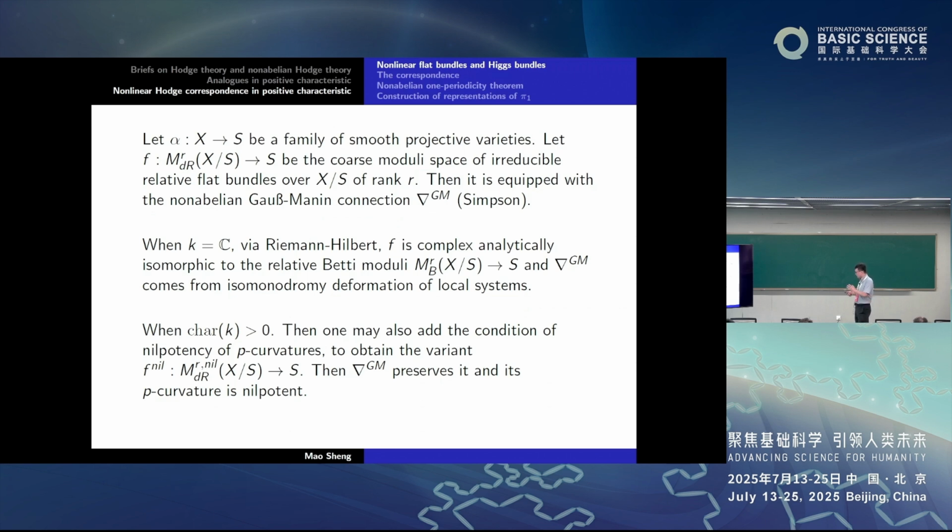This identification gives the topological meaning of the Gauss-Manin connection, which was defined purely algebraically by Carlos Simpson. In characteristic p, we may put new conditions on the nilpotency of p-curvatures to obtain a variant of this consideration.